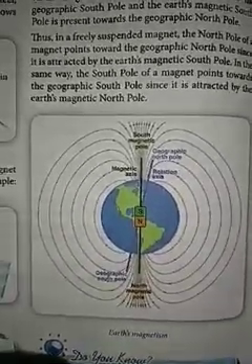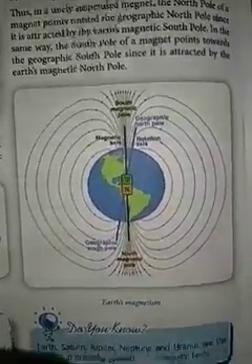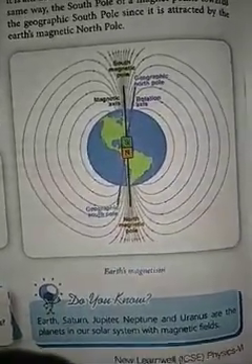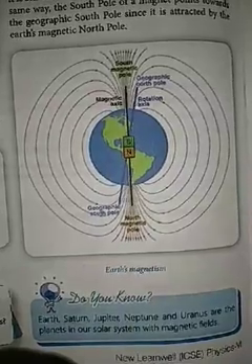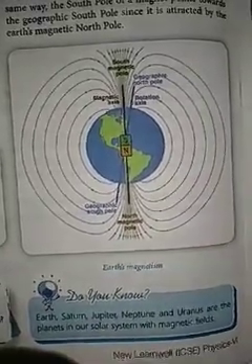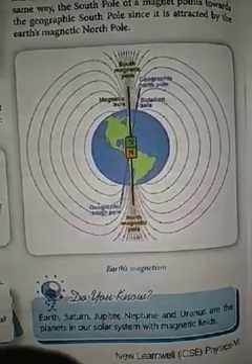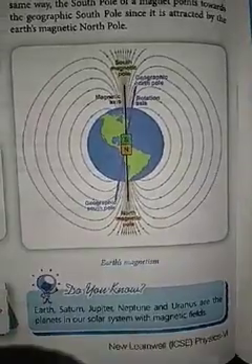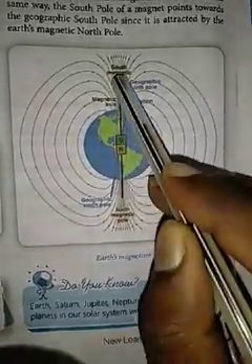Now we are going to discuss Earth's magnetism. Whenever a magnet is suspended freely, it always aligns itself in the north-south direction. You see, this is the magnet.